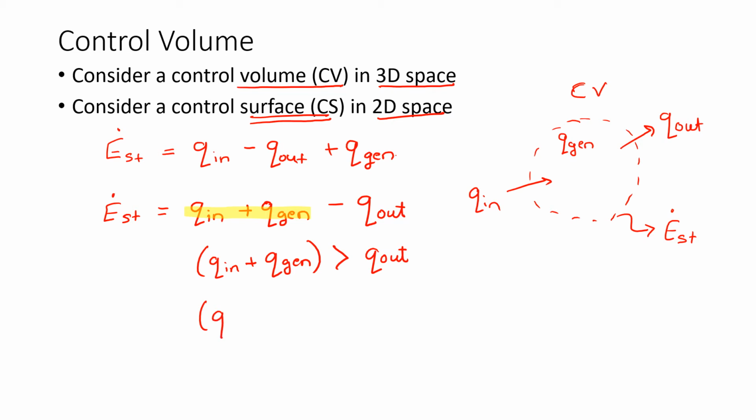But if your Q in plus Q gen is less than Q out, that means you are removing energy from the system. So in the first case your right hand side will be positive. In the second case your right hand side will be negative.